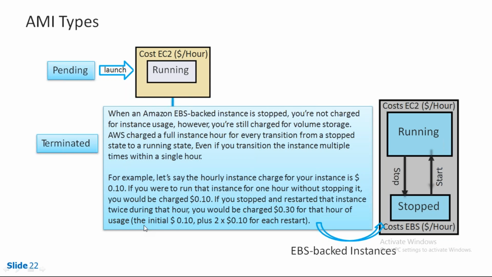The initial is 10 cents, plus 2 times you are stopping and starting, and for each start you are paying a 1 hour charge, so 10 cents each. That's really a point to be noted down. In terms of pricing, we usually don't do that, but still you have to make a note of it.